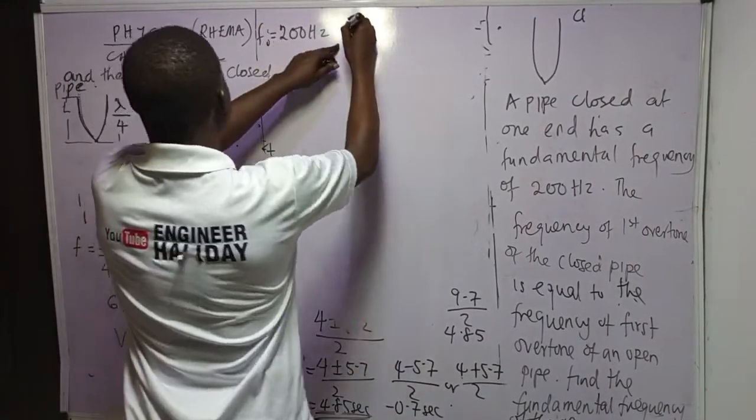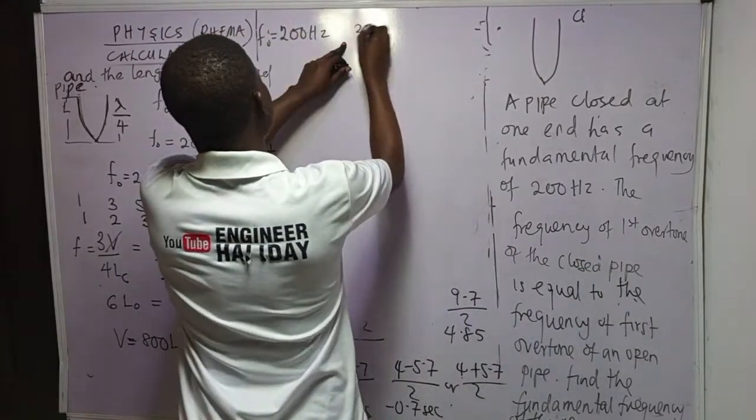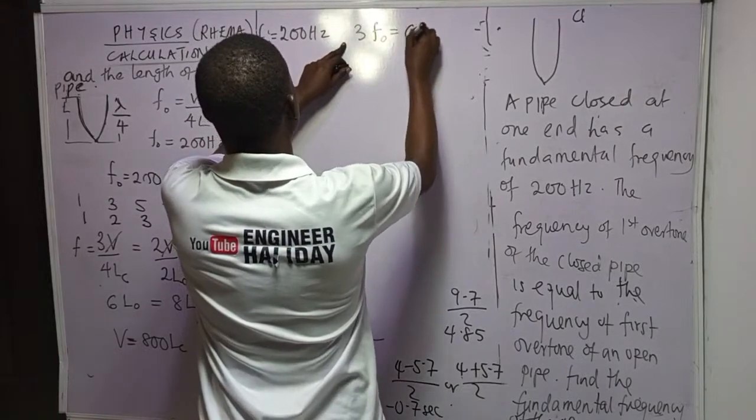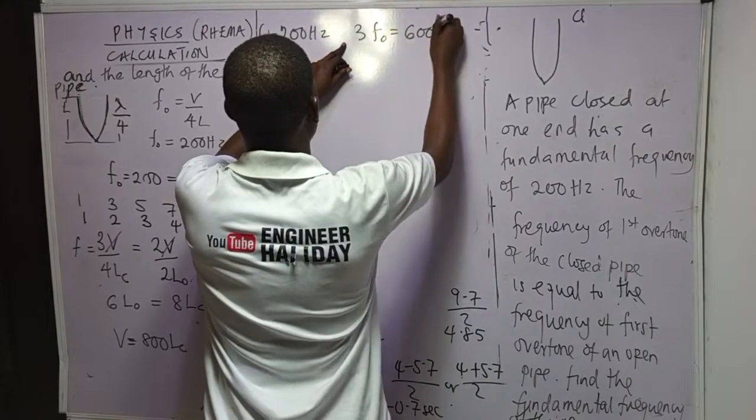for closed pipe, what is it? The first overtone will be 3F naught, I hope you know, which should now be 600 Hz.